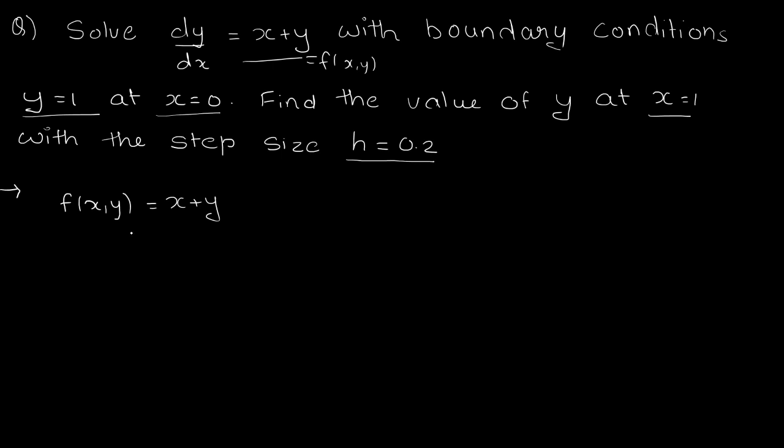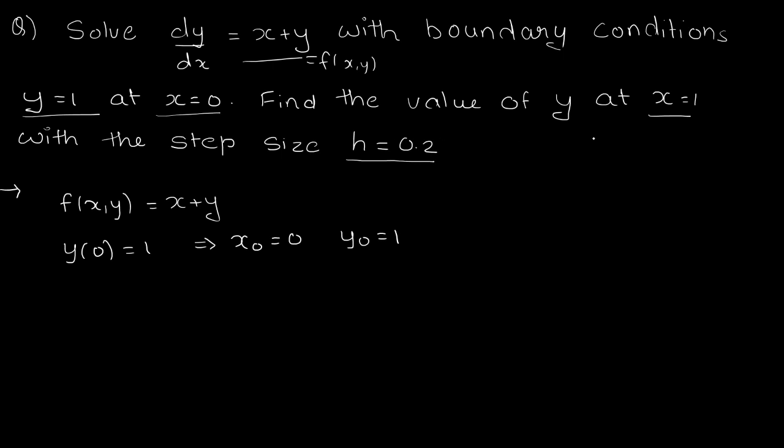Now I have got f of x comma y as x plus y with boundary condition y equal to 1 at x equal to 0. That means y of 0 equal to 1, this is my condition. So from here I know x0 equal to 0 and y0 equal to 1. So this becomes my initial value.